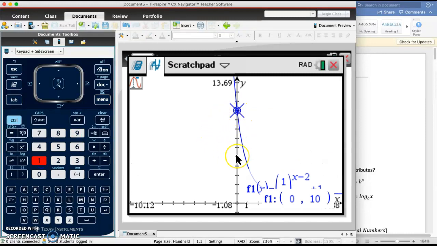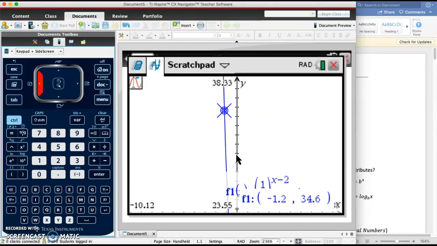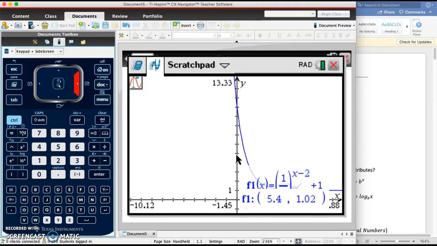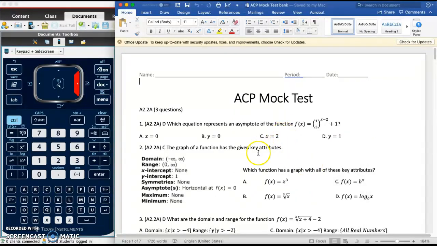I notice that if I keep going, it looks like it keeps going up and up and to the left. If I go down, there is an asymptote and it gets closer and closer to 1, you can see as I keep scrolling. So the answer to number 1 is D, y equals 1, that's my answer right there.